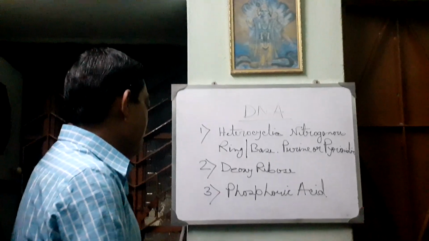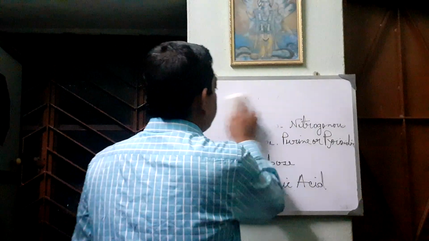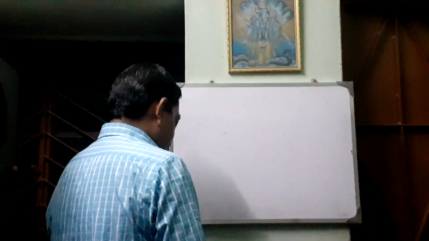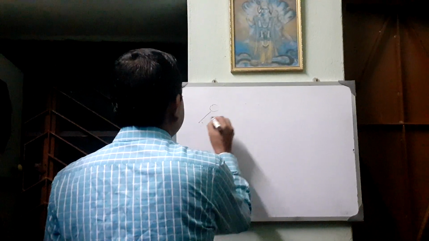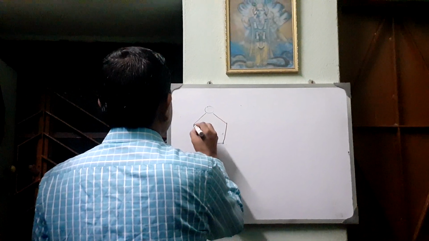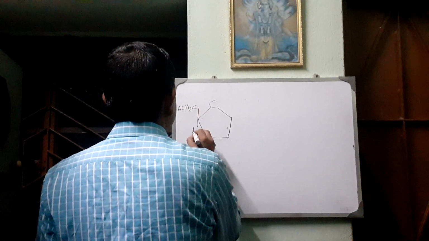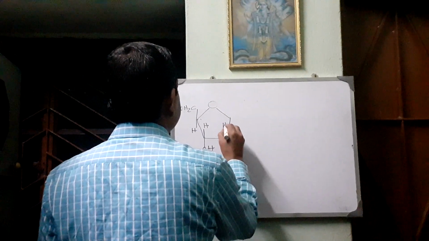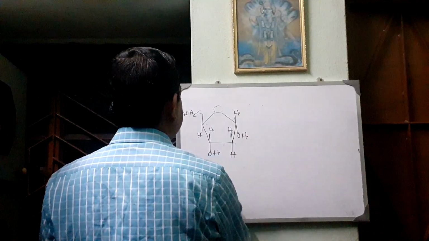First we come to the structure of deoxyribose, which is present in DNA. How does it look? The structure of deoxyribose is like that: CH2OH, this is H, this is HOH, this is HH, and this is HOH.